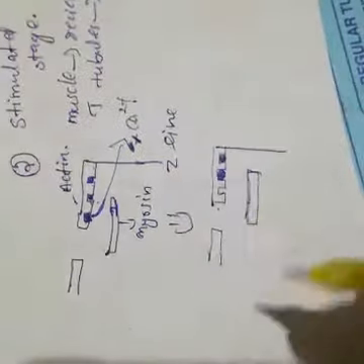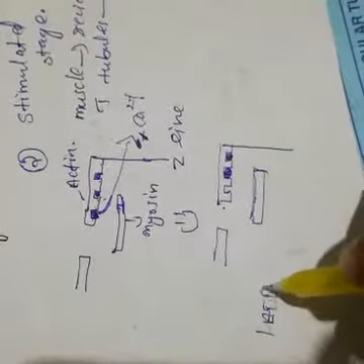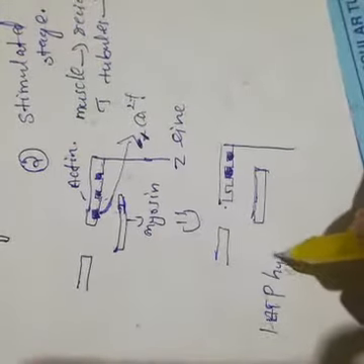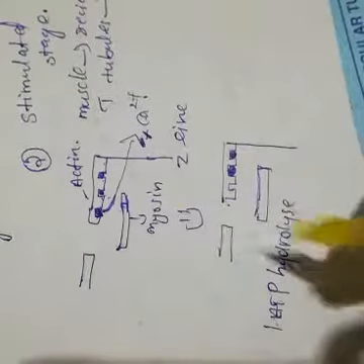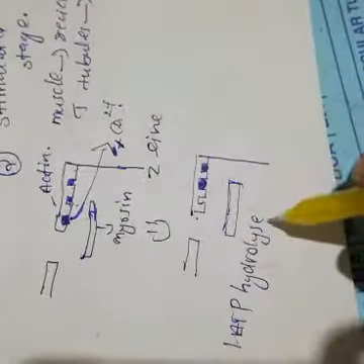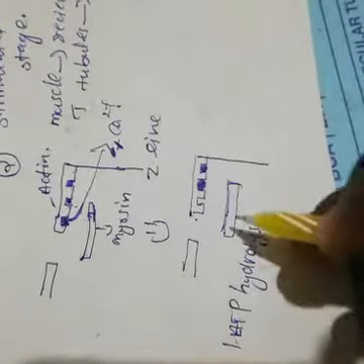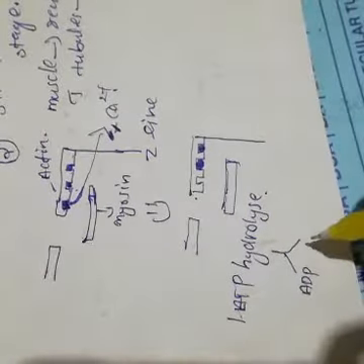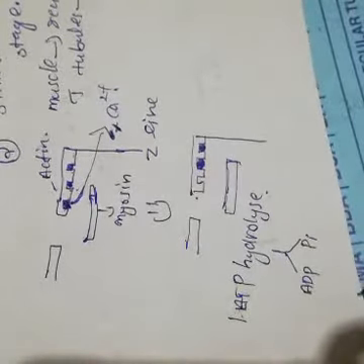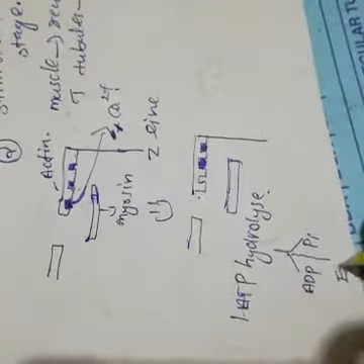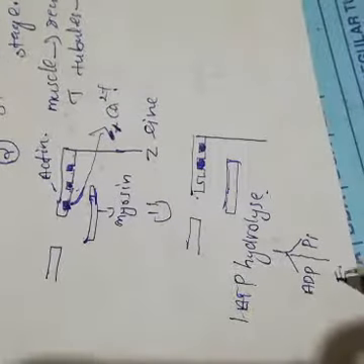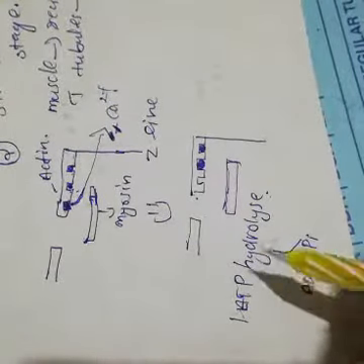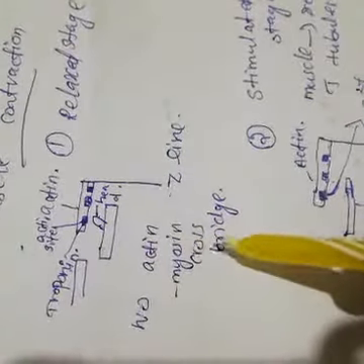During this time one molecule of ATP will hydrolyze, and it will convert into ADP and inorganic phosphate. During this reaction, some amount of energy will be released. From this energy, a small amount is used for the formation of the actin myosin cross bridge.